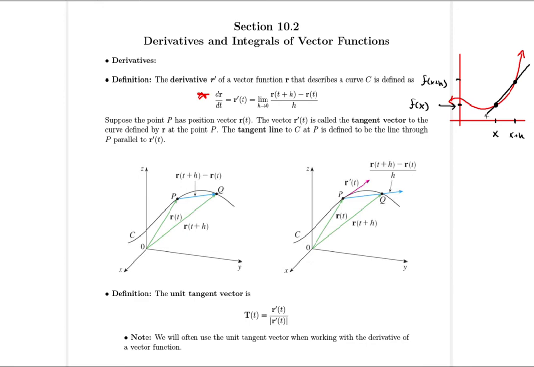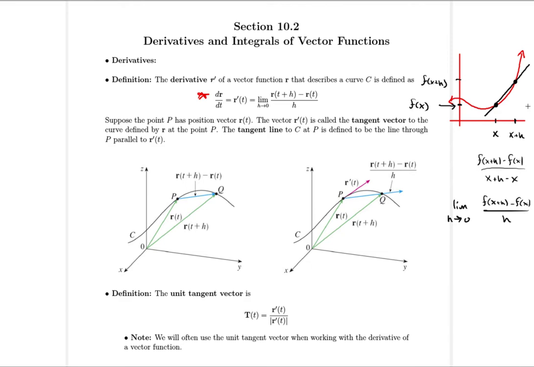And so the whole idea is that if you take that slope, which is f of x plus h minus f of x divided by x plus h minus x, and then you let h get really, really small. Of course, on the bottom, those x's go away, so you take the limit as h goes to 0.